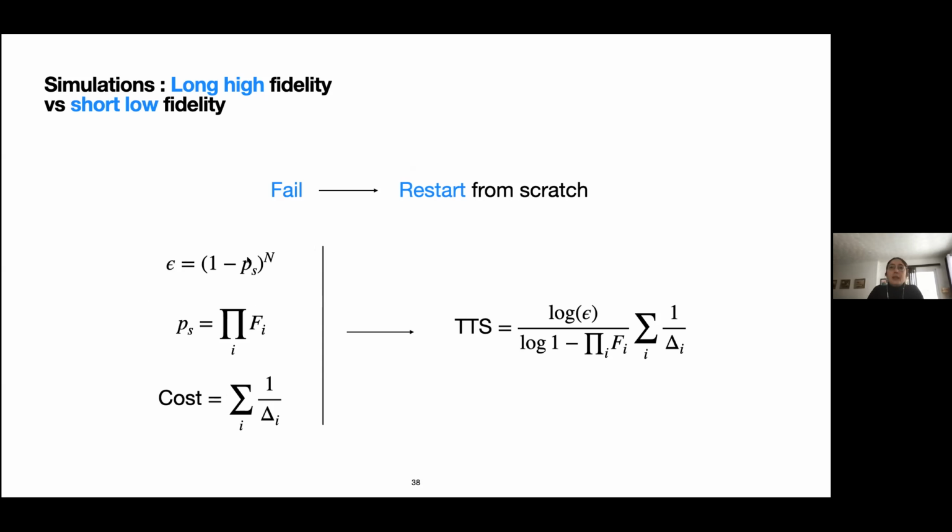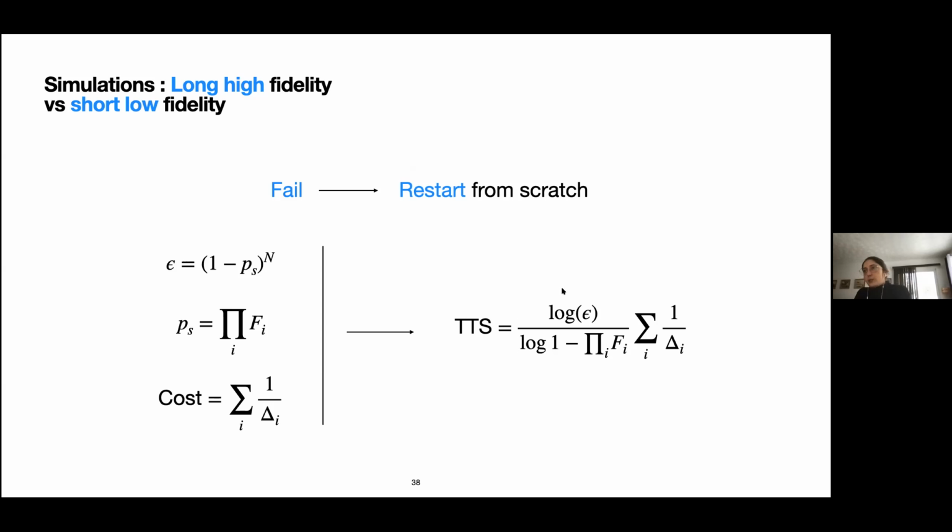I can repeat it a few times to increase my probability of success, or decrease the overall probability of failure of this algorithm. So the time to solution is an approximation of it. It's an average of the total cost, when you take into account the fact that you also have to repeat your algorithm more or less.